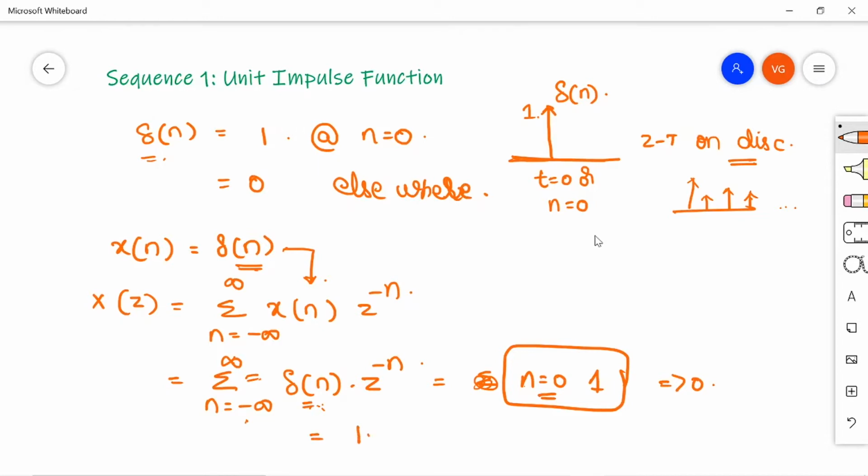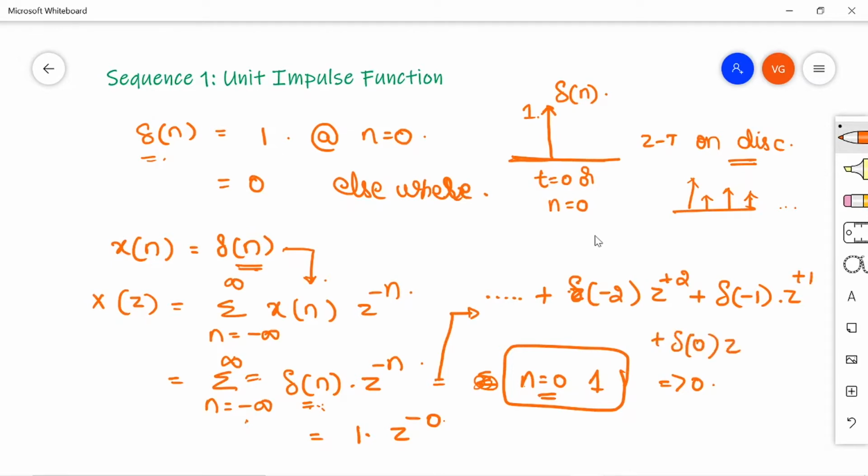So I can write 1 times z power minus 0, or more clearly you can expand it like this: so on, plus del of minus 2 z power minus of minus 2, that will be plus 2, plus del of minus 1 z power minus of minus 1, plus del of 0 z power 0, plus del of 1 z power minus 1.